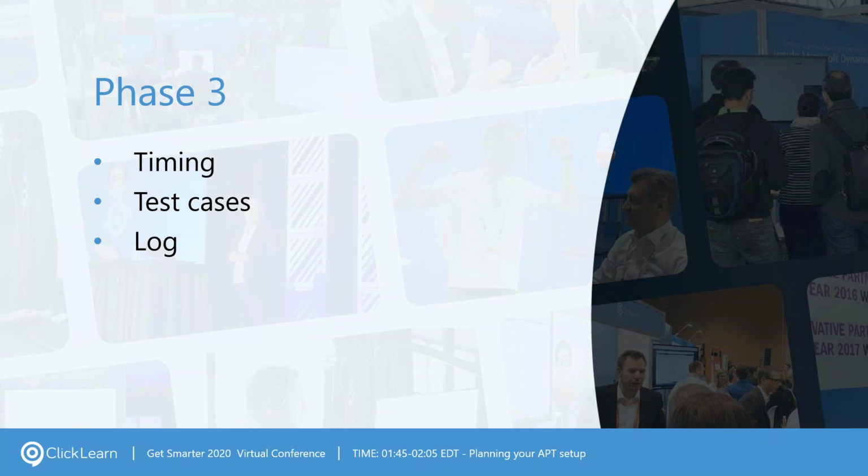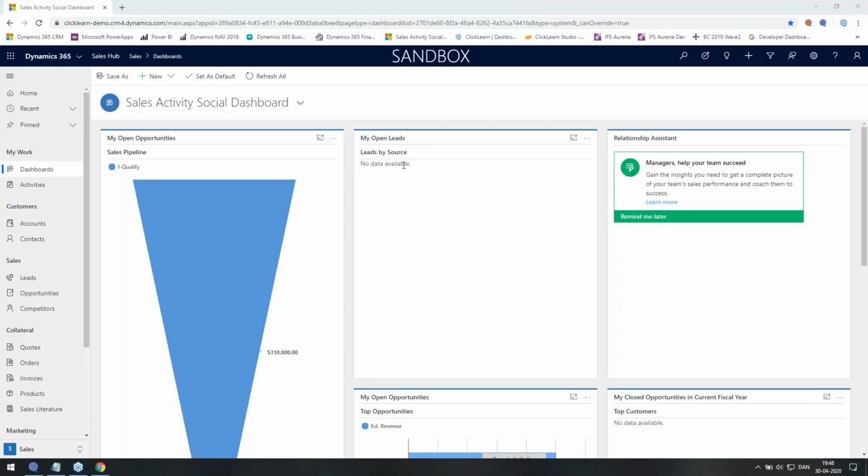Then I will also briefly touch base on test cases. If you need to run through the same end-to-end process multiple times with different data, then test cases will help you. And then finally, I will show you and explain what kind of log we have behind the automated process testing within ClickLearn. But let's get started.